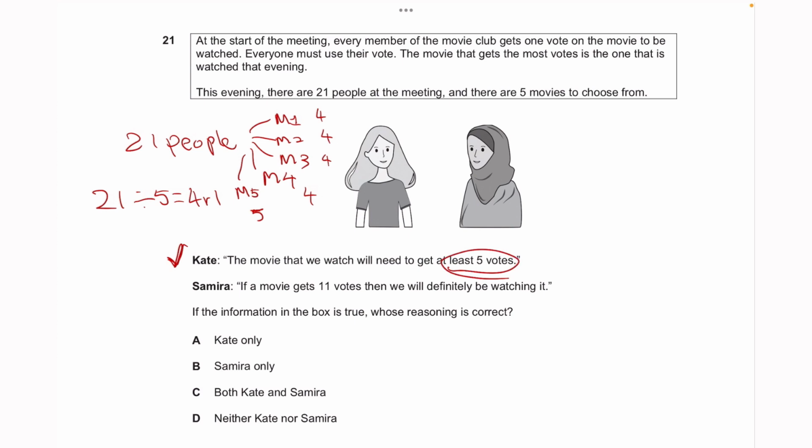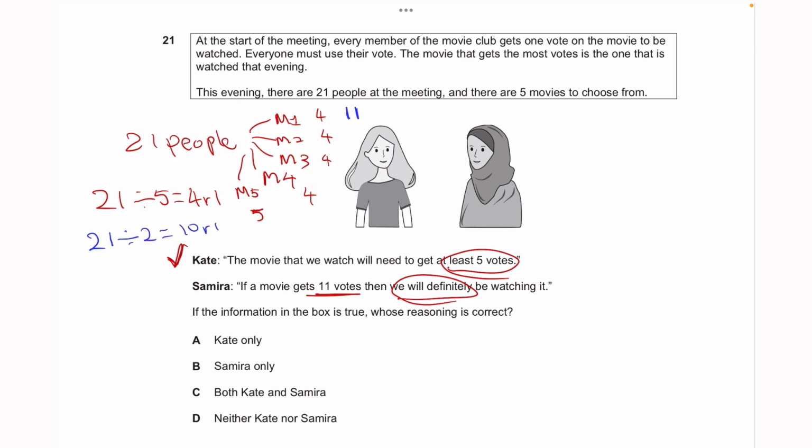Now, Samira says if a movie gets 11 votes, then we'll definitely be watching it. And that's actually correct as well, because if you think about it, imagine that 11 people chose movie 1. That's actually more than half, okay? Because 21 divided by 2 is equal to 10 remainder 1.